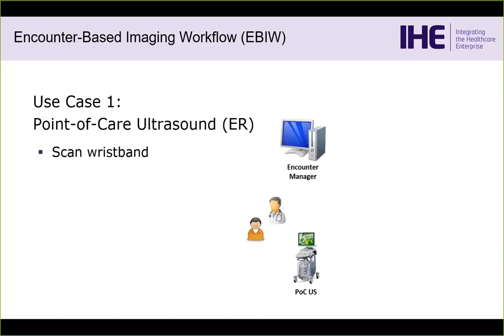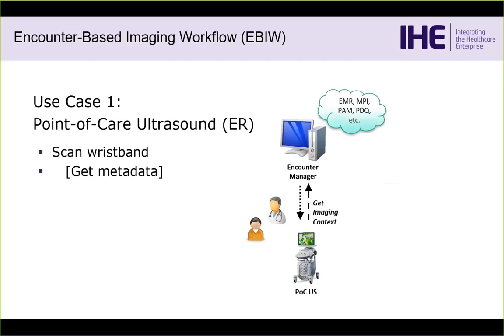And so in the case of radiology, we have a RIS that we can talk to. In this profile, we've called the actor an encounter manager. And so the cart then can use that hook, that patient ID or that admission ID, to do a query and to get back a full set of patient demographics, encounter information, whatever the organization currently knows about this patient and their visit.